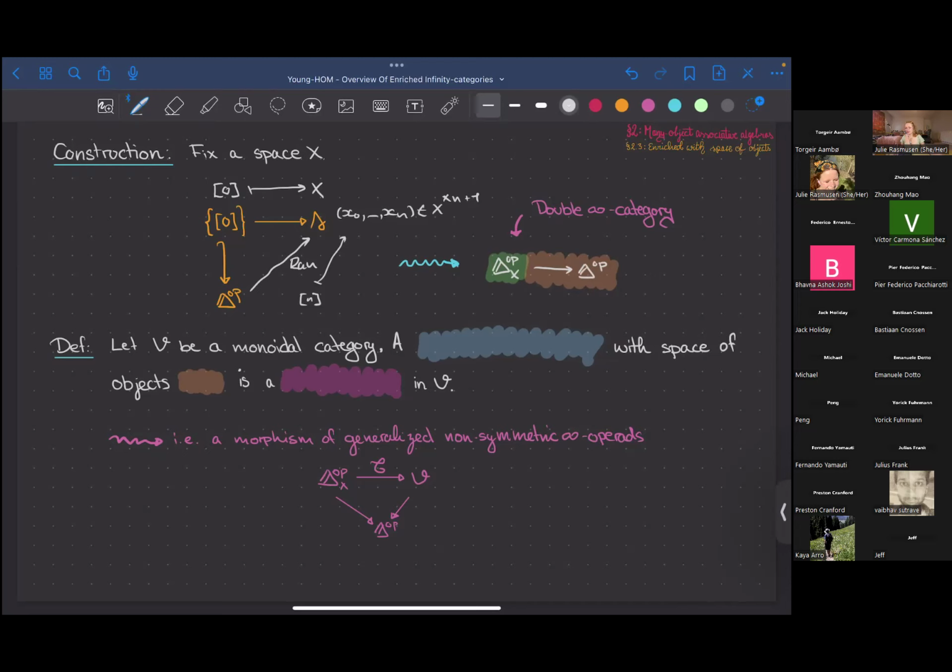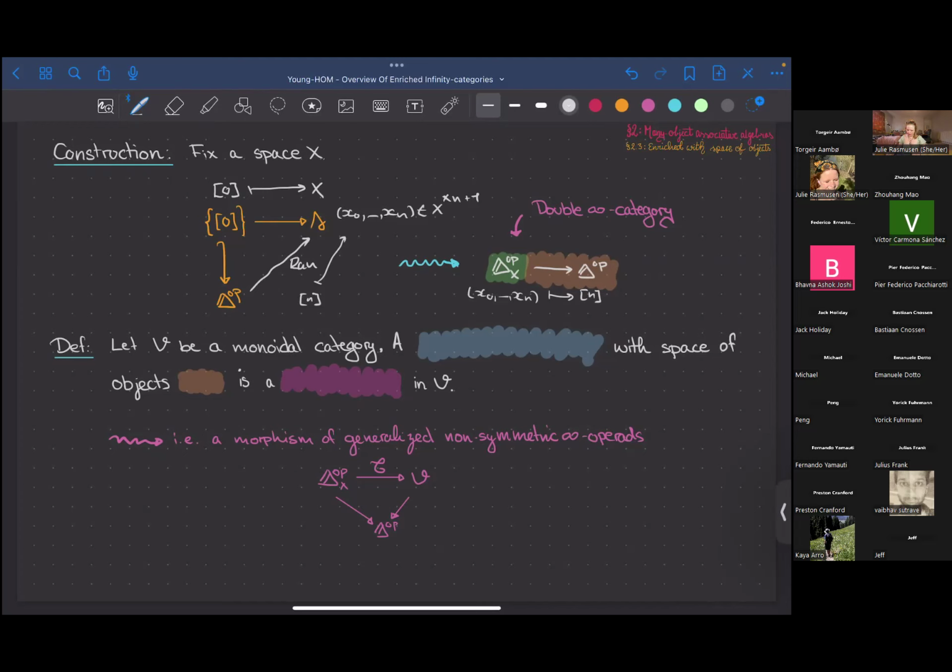Because we know what the right Kan extension does, we know that through unstraightening, it will have strings of objects x0 to xn lying over n. So it is this many-object operadic gadget that we're interested in.